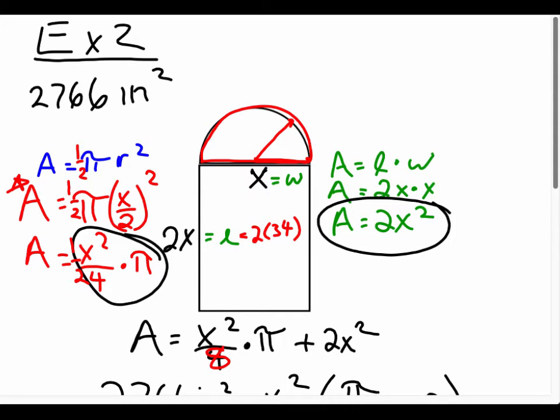Right? So that would be 68. And this obviously would be 34. But now what would my radius be? Half of that, which is what? 17.